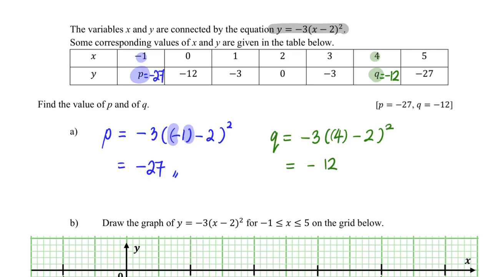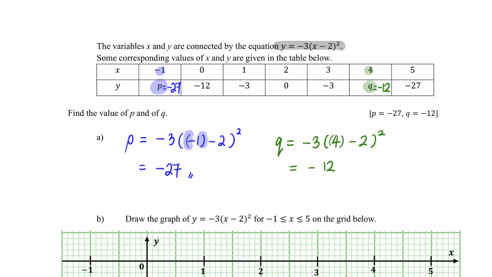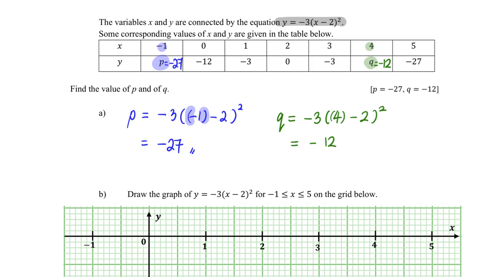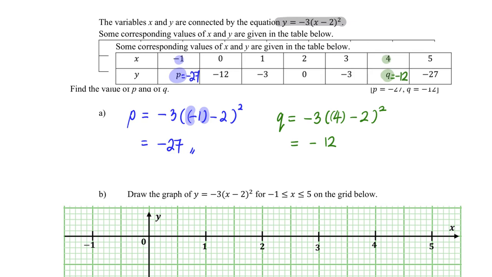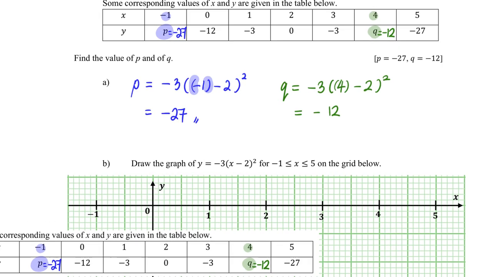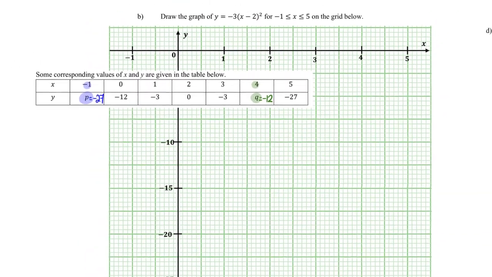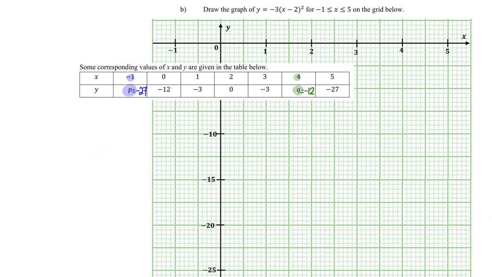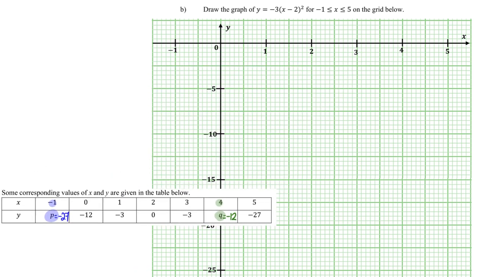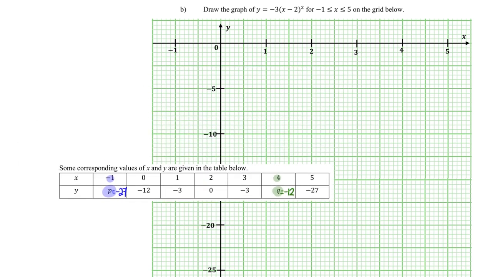Now, with this set of values, this is where I'm going to plot this graph. So I'm going to just have this table of values down there so that it's easier for me to plot as I adjust it.